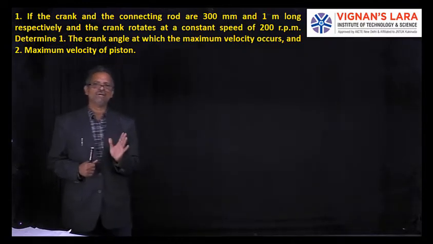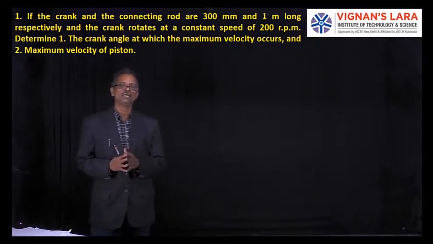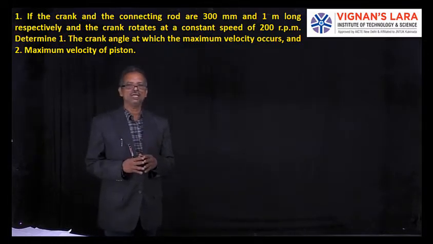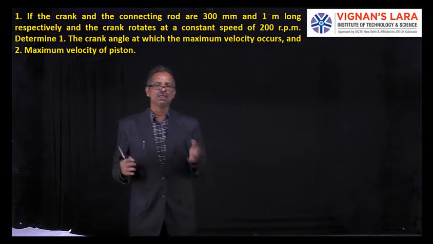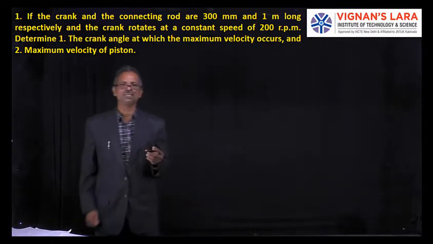It is a straightforward problem. Based upon the analysis we carried out in the first lecture, that is the piston velocity and the piston displacement part, let us see how we solve this problem.